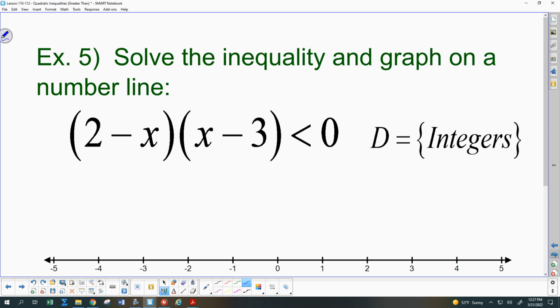So remember to get your critical values. You're saying one parentheses could be 0. The other parentheses could be 0. The second one you're used to, 3, could be one of your critical values. What's going to make 2 minus x equals 0?